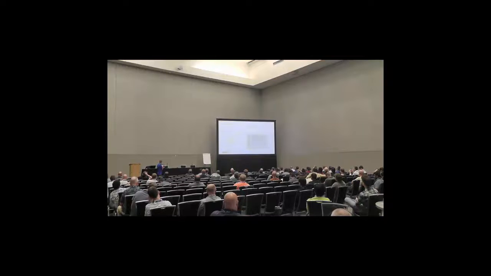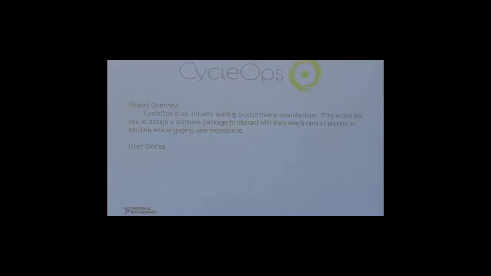So I want to get the hands-on started. What we're going to do in the hands-on is a company local to where I'm from, Madison, Wisconsin: Cyclops.